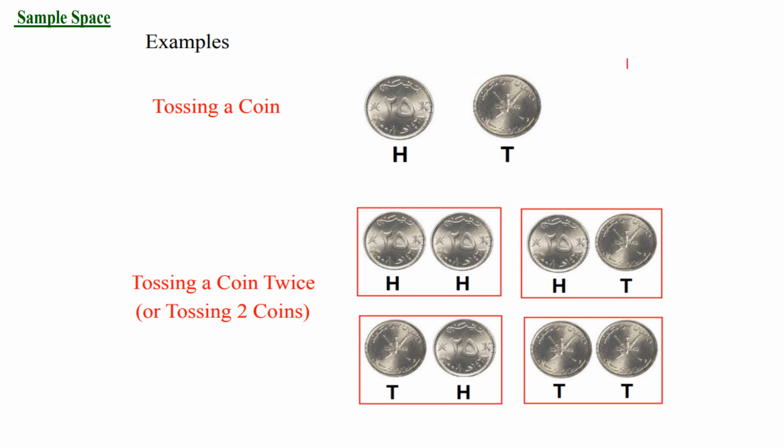First, tossing a coin, we have H and T. For the second toss, we need to extend the branches. This is called a branch of the tree diagram. For each case, we obtain H and T. So what are the outcomes?